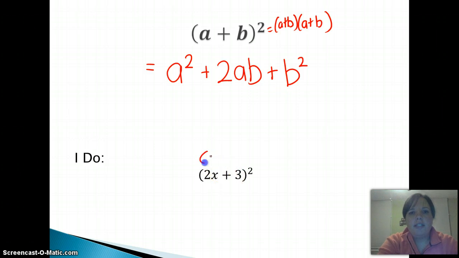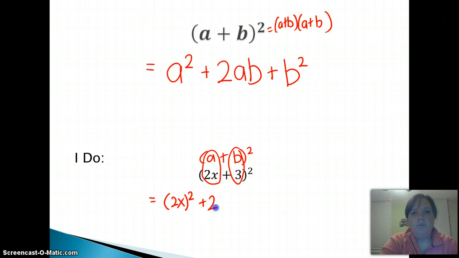If I look at what I've written above, it's almost like a formula. A is whatever the first term is, B is whatever the second term is, and I fill in my formula from there. The formula says it's the first term squared, so 2x being squared, plus 2 times the two terms multiplied together, plus the second term squared.